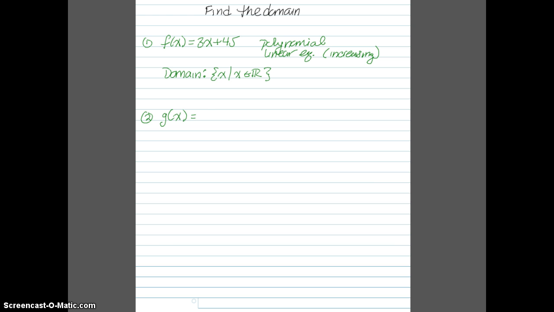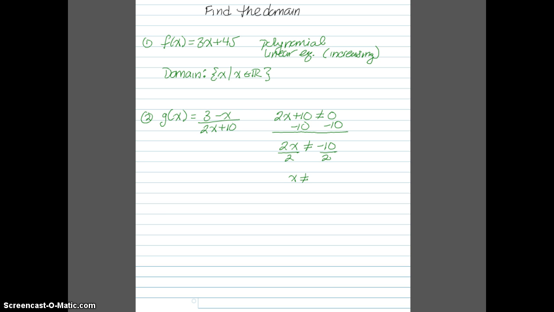Number 2, our function is rational. g of x equals 3 minus x divided by 2x plus 10. So here we have a variable in a denominator. We want to make sure that that denominator is not equal to 0. So we can go ahead and solve this and find out what x should not be equal to.